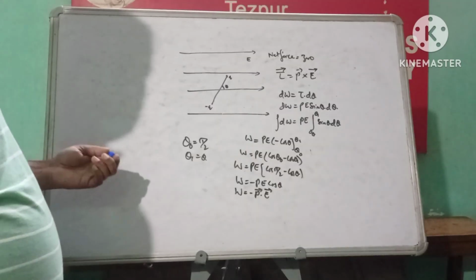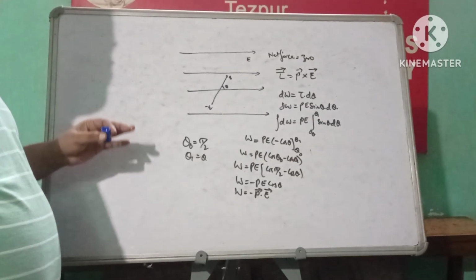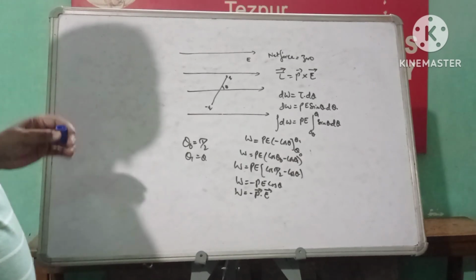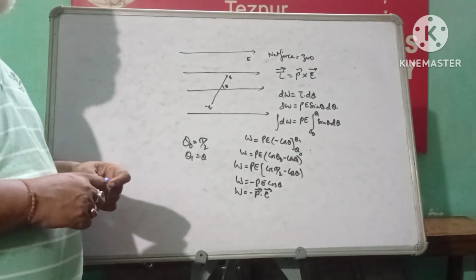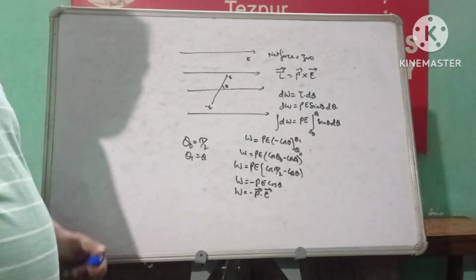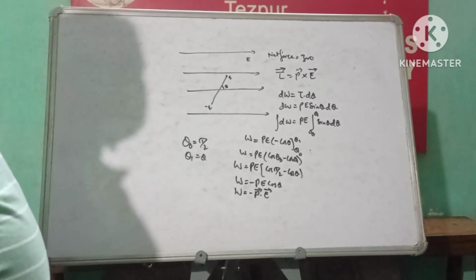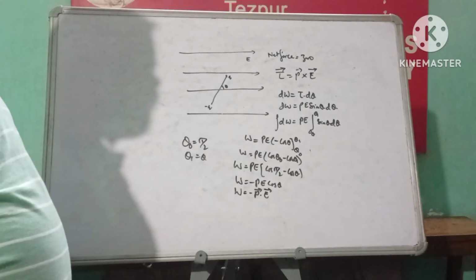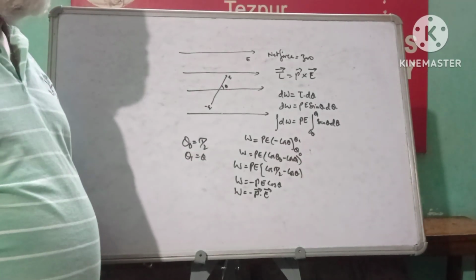So see, there is no need for memorizing it, only the concept and the theory must be clear to you. What is the concept? When a dipole is placed in an external electric field, your net force is zero.